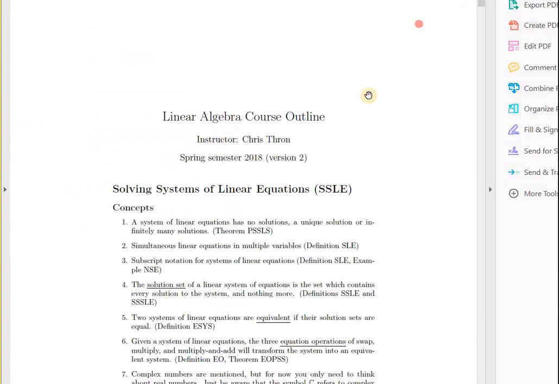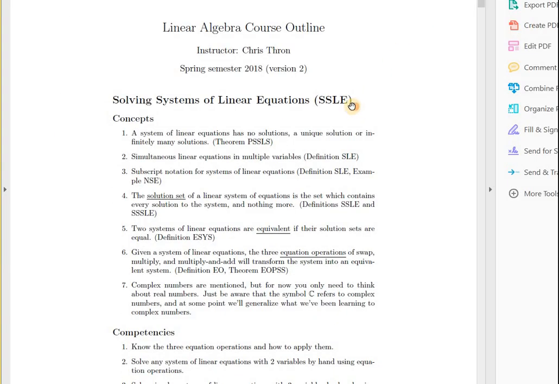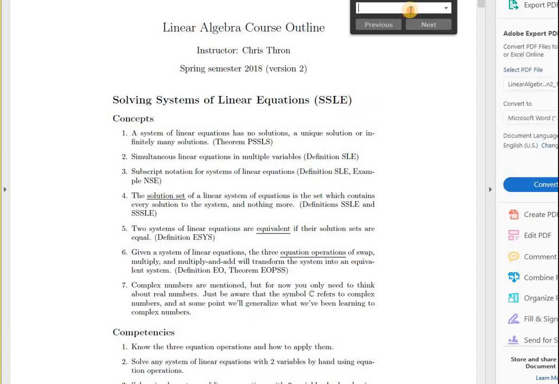And here we are. And let's look for determinants. It didn't go there, so let's do it again.